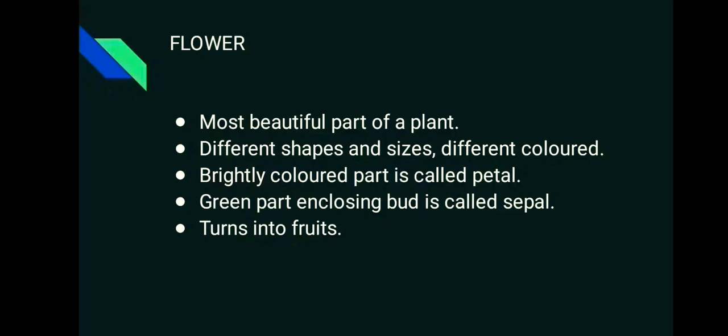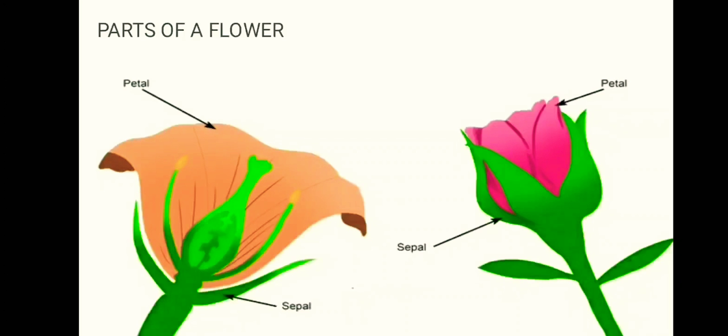So, the brightly colored part of a flower is called petals. And also you must have seen a small green part just below the petals. It is called sepal. Here you can see in this picture parts of a flower are given. What are these? These are petals and sepals.